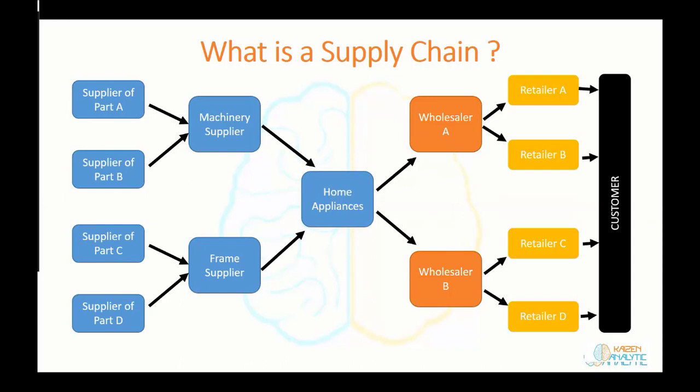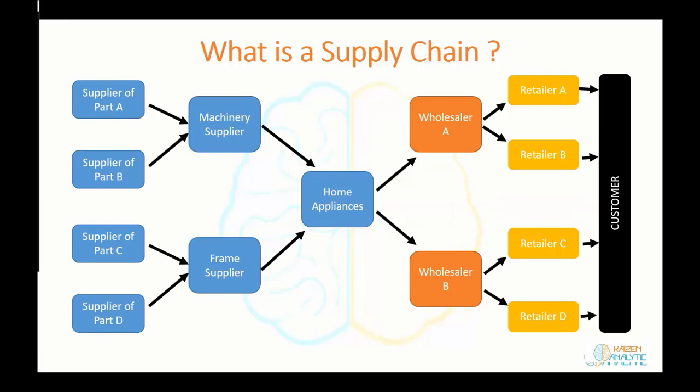But there are many players involved in manufacturing any one product, and this is covered in supply chain management. So this is a very brief introduction of what a supply chain is and how a supply chain works.